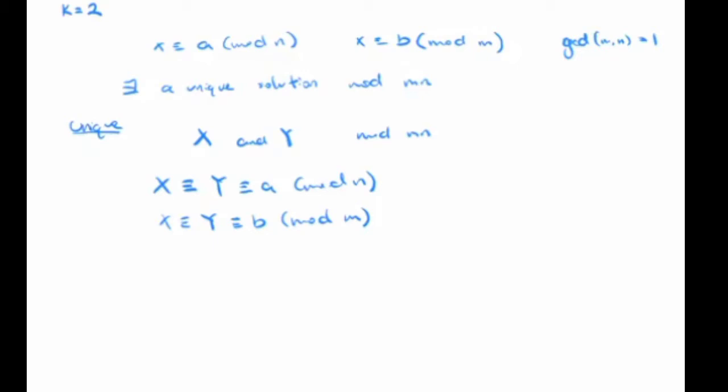So then we get m divides x minus y, and n divides x minus y. And since they're relatively prime, this implies that mn divides x minus y. So then x is congruent to y mod mn. So we see it's unique. Okay.